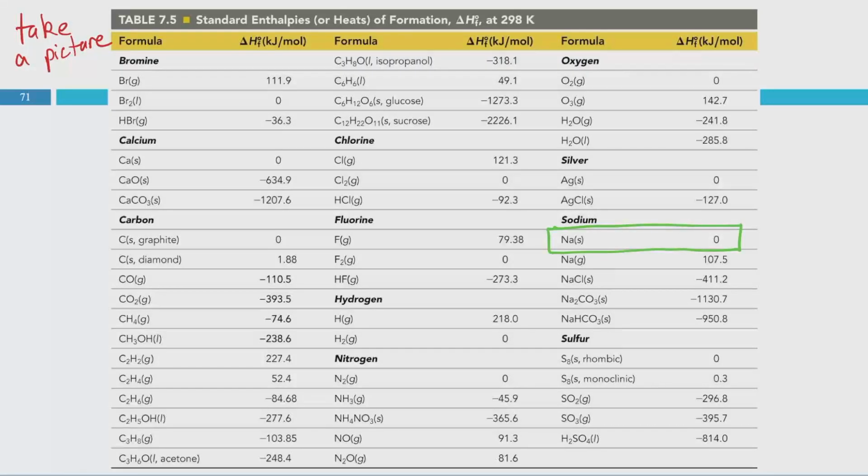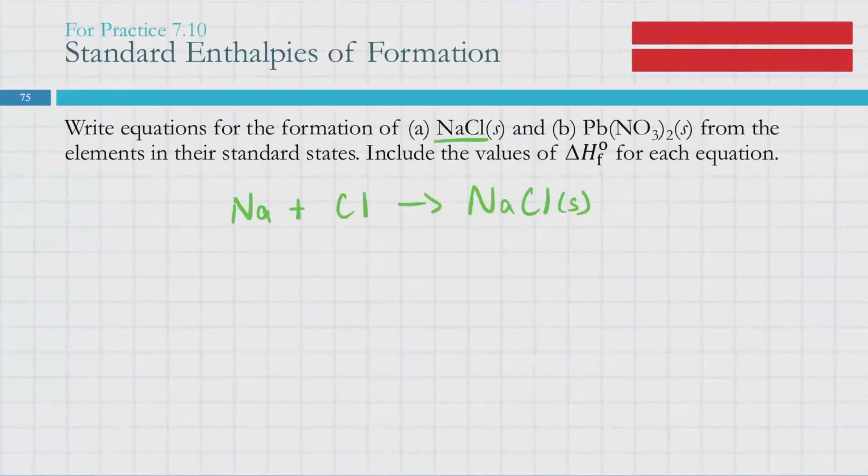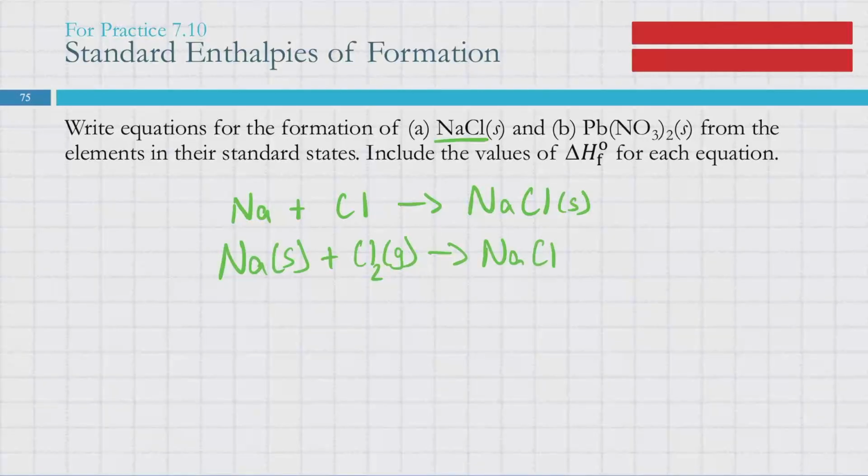And for chlorine, the standard state is Cl2 as a gas. So we can adjust our formula, our reaction, to now have the standard states.